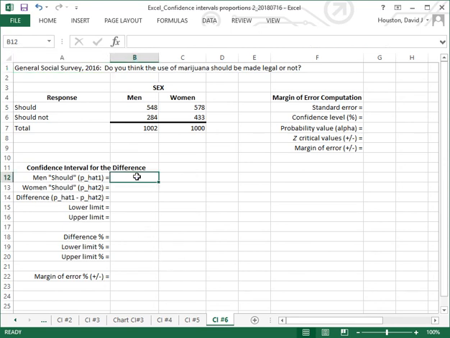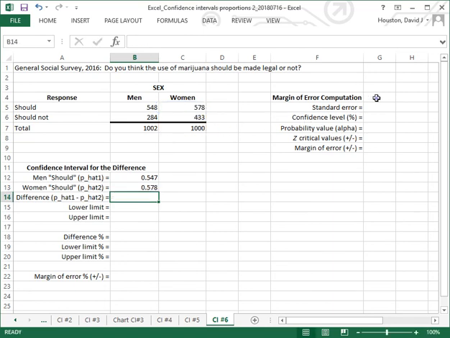Let's first of all compute the proportion of men who indicate that marijuana use should be made legal. So I'll take the cell of men that offered that response divided by the total number of men, and I'll do the same thing now for women.